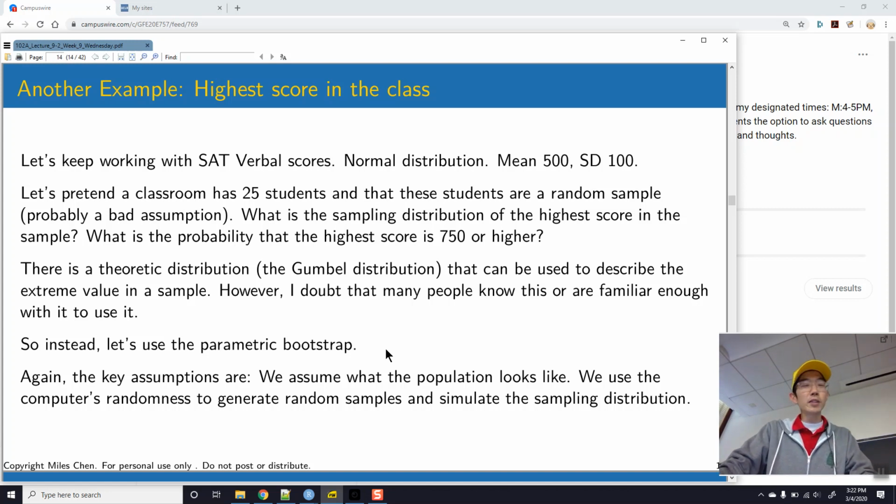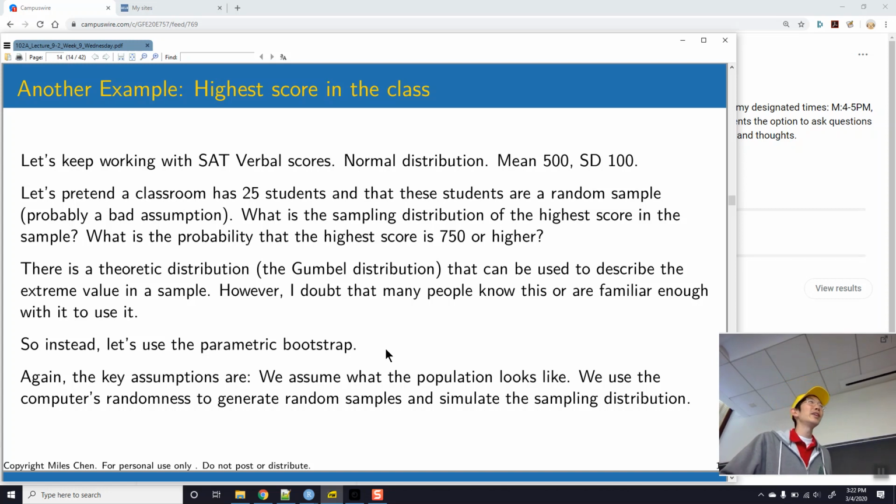So technically, there is a theoretic distribution called the Gumbel distribution, and you can use that to describe the distribution of an extreme value, like the maximum or the minimum, okay? But I doubt many people know this or are familiar enough to use it. And the truth is I've forgotten how to use it. I don't know exactly how to use the Gumbel distribution either, but it's a thing that exists, right?